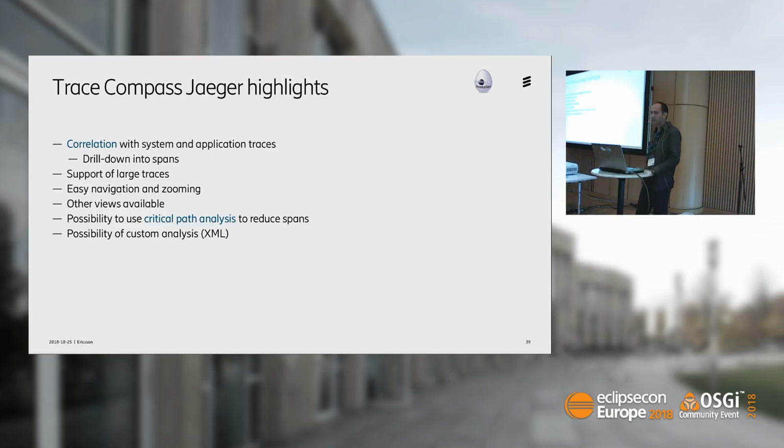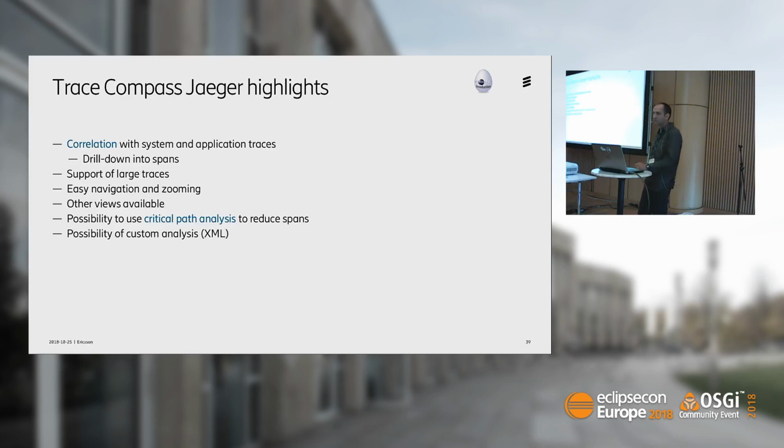The interesting part with Trace Compass is that you have a way to correlate to system traces. So you have your spans, but if you want to see what happens at the operating system level, you can really drill down, put it together and see why that span took so long on that machine. That's why we started looking into that.